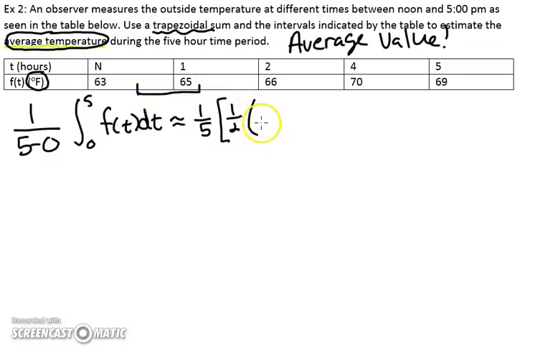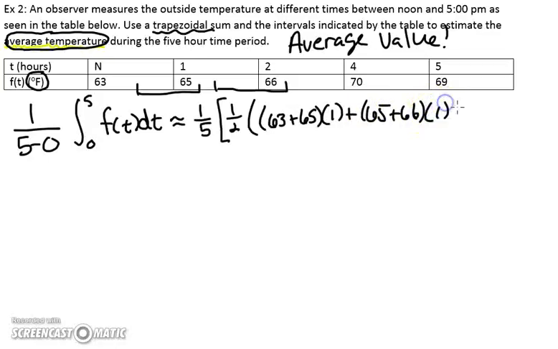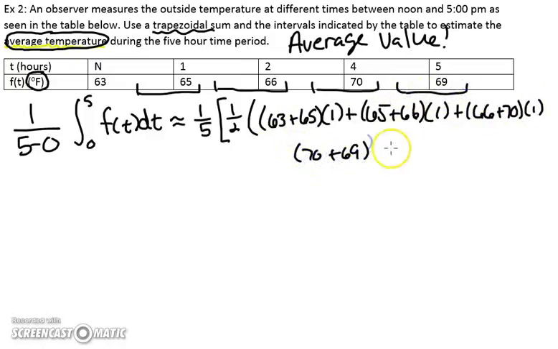So the sum of the bases is going to be 63 plus 65 times a height of, from 0 to 1, is going to be 1, plus our second trapezoid, the bases are going to be 65 and 66, and again a height of 1. Our third trapezoid is going to be 66 and 70, again with the height of 1, and our last one's going to be 70 and 69, once again with the height of 1.